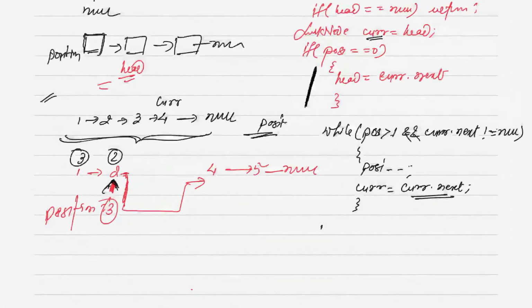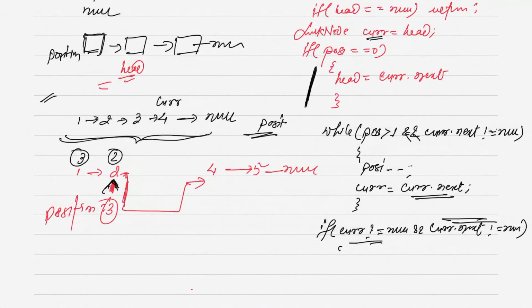And if it's a tail node or the node doesn't exist, if current is not equal to null and current dot next not equal to null, we are trying to cover both: the tail node as well as the node which is not available. In this case we will say current dot next equal to current dot next dot next.